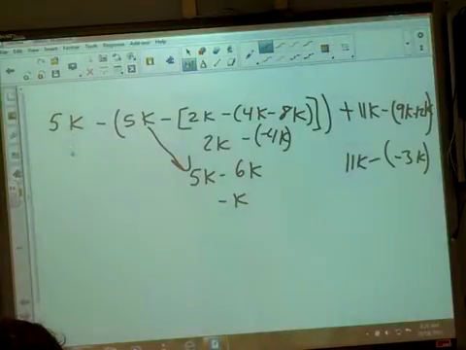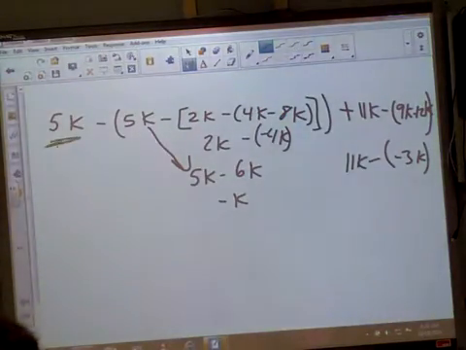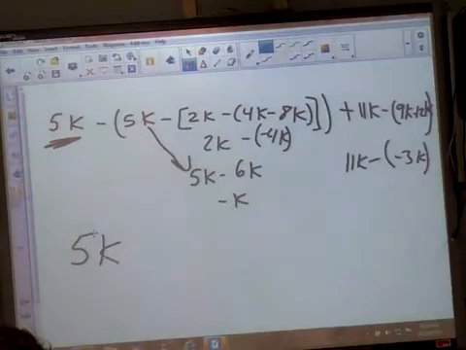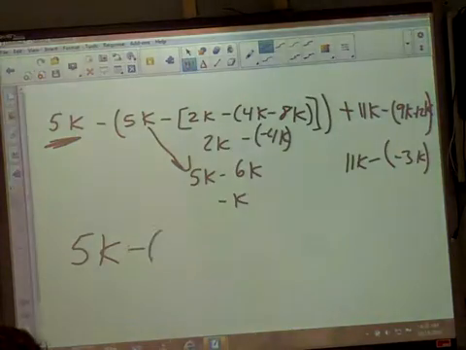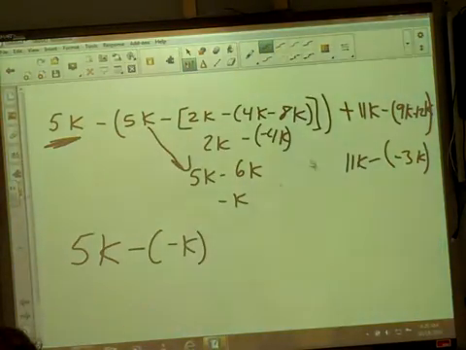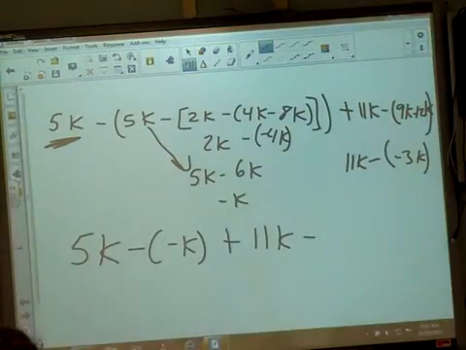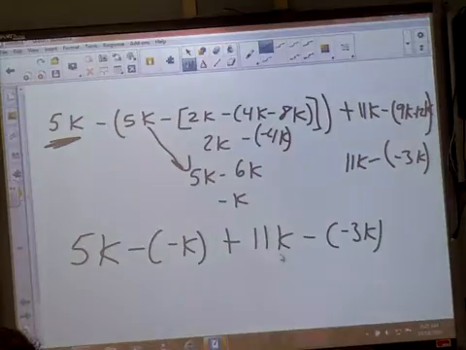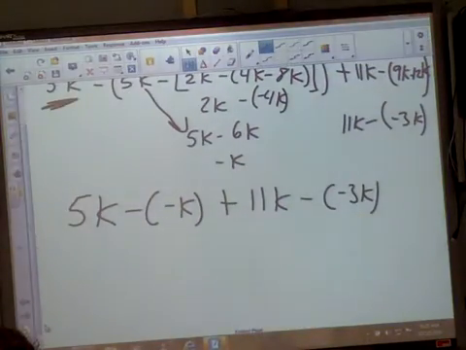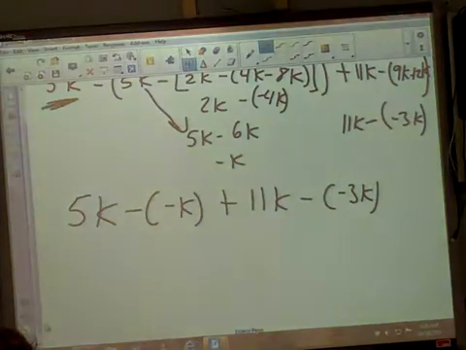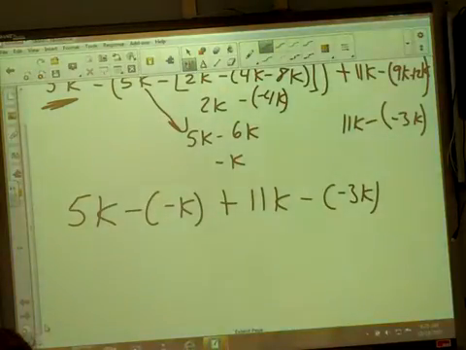So what we're looking at now, we've got still 5K minus negative K, then plus 11K minus negative 3K. So we've got it a little bit more simple. Now it's just going to go left to right.